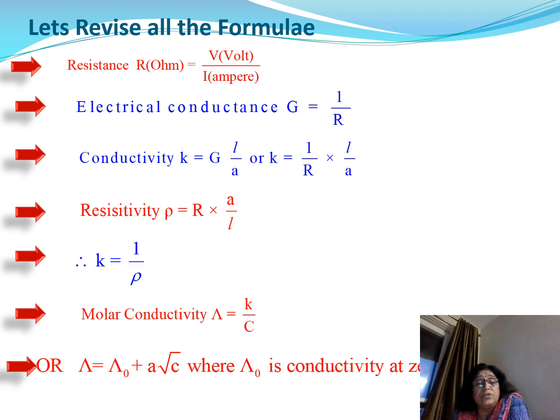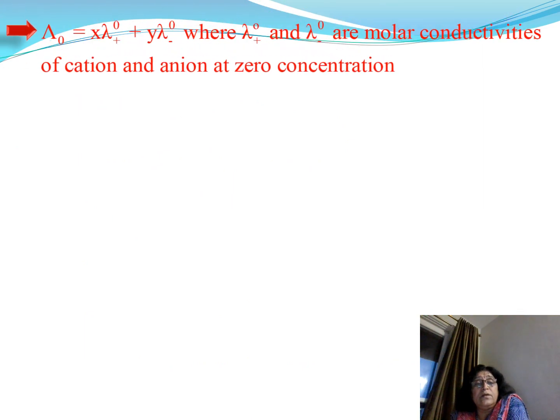Then the Onsager equation: molar conductivity at a particular concentration is equal to molar conductivity at infinite dilution plus A square root C. So lambda 0 is molar conductivity at 0 concentration or infinite dilution. Then lambda 0 is equal to x lambda plus plus y lambda minus.